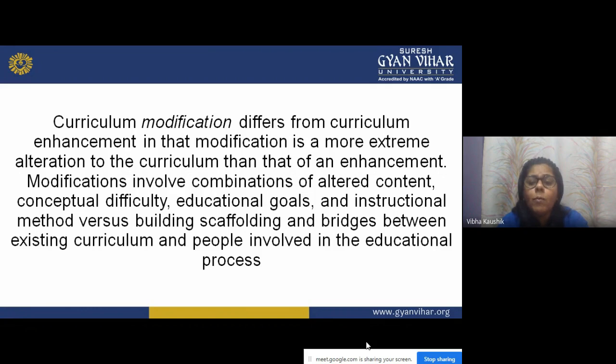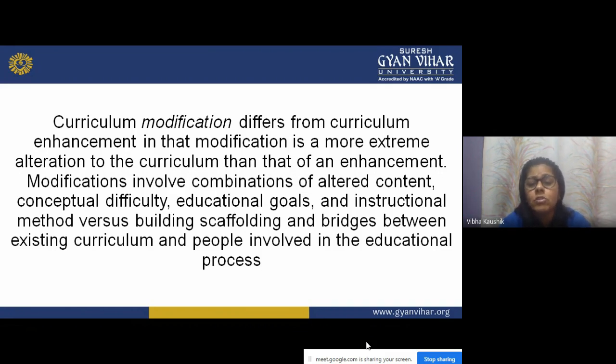Modification involves combinations of all the altered content that has been there. Conceptual difficulty: we are focusing on the conceptual difficulties. Educational goals: what are the different educational goals and instructional methods?